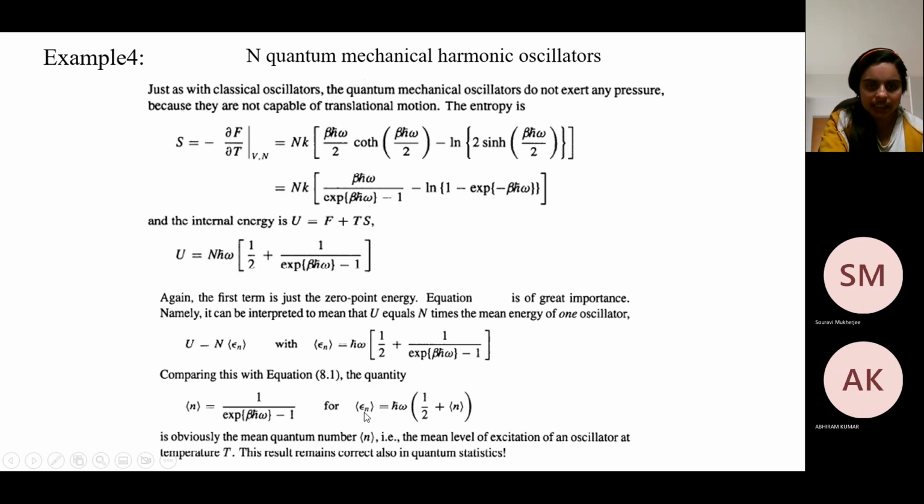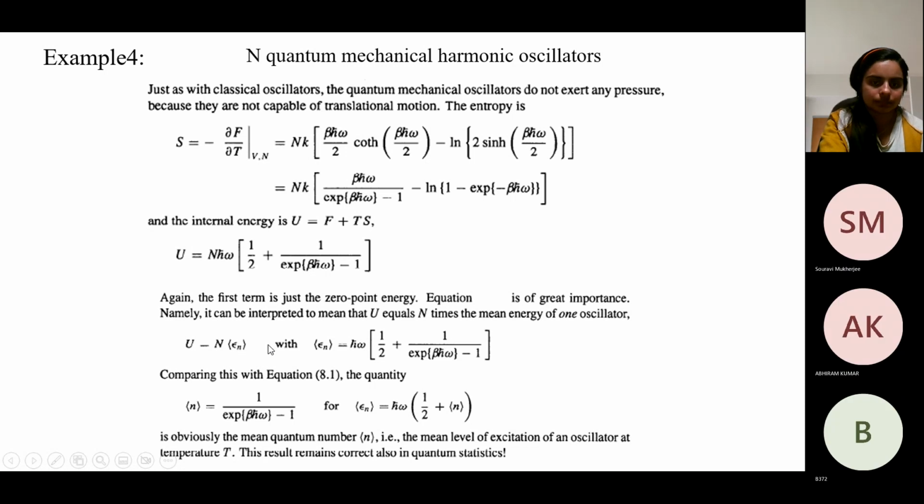Okay. So here epsilon n is averaged out. This is the mean energy for a single oscillator, which is h cut omega into half, the 0 point energy, plus the mean quantum number into h cut omega. And then if you have n of them, it will be n into this for the single oscillator.